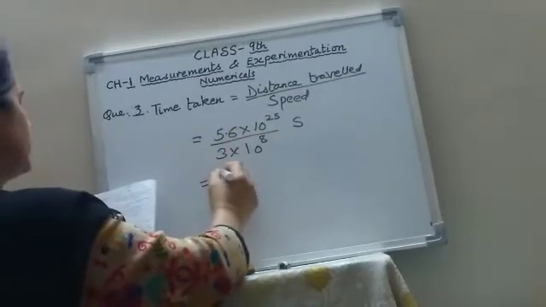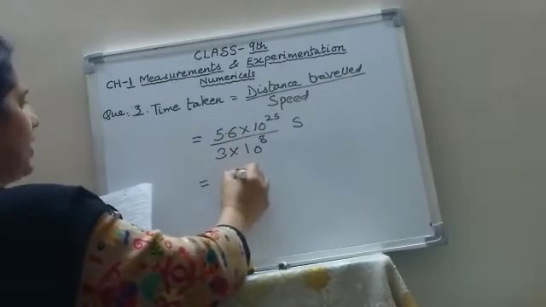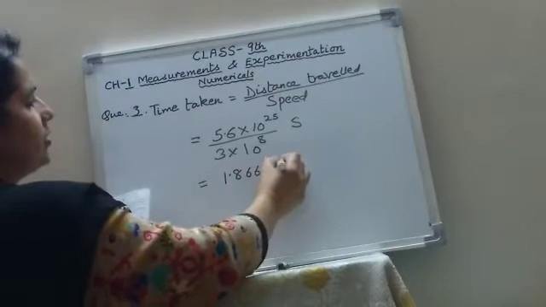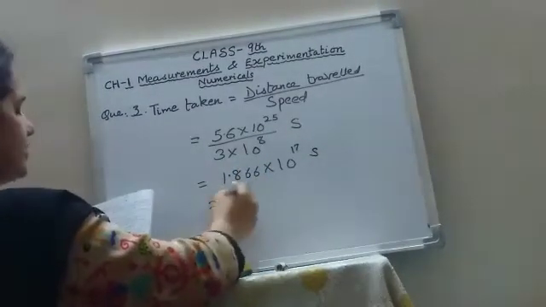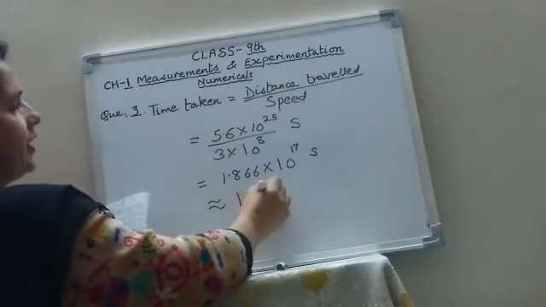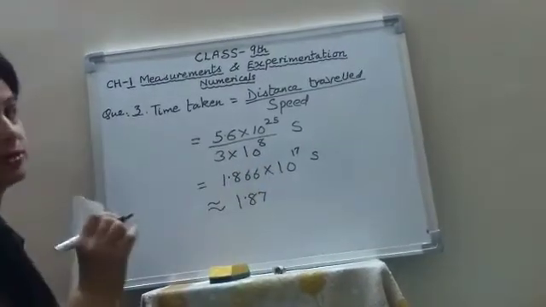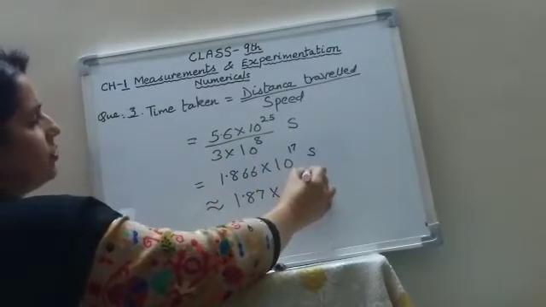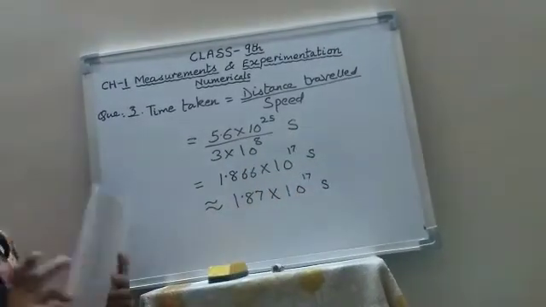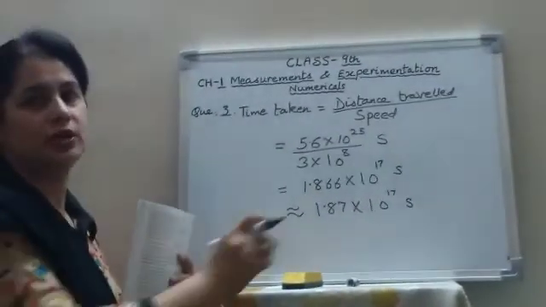So on solving this, you will get 1.866 into 10 to the power 17 second. So approximately 1.87, if up to 2 decimal places you have to give the answer. So it will be 1.87 into 10 to the power 17 seconds. So this is the answer of question number 3.